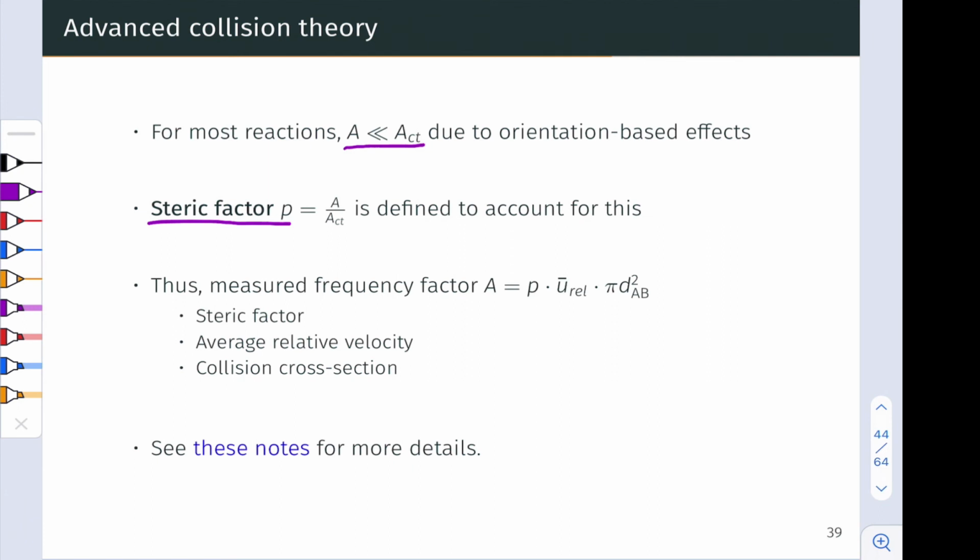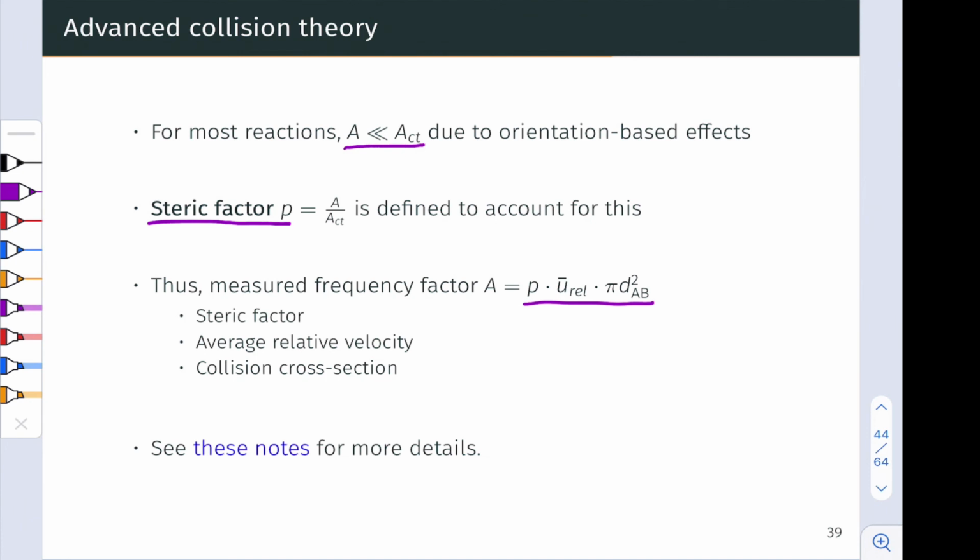With the hypothetical value of 1 being the greatest, in which case the measured frequency factor is exactly equal to the collision theory ideal. And so we can sort of reimagine the measured frequency factor then as the steric factor times the collision theory ideal, which is that average relative velocity times the collisional cross-section.